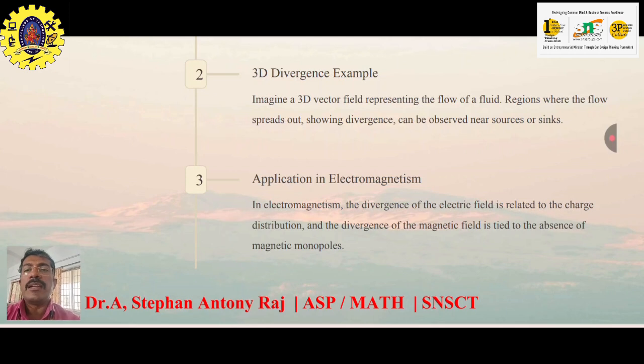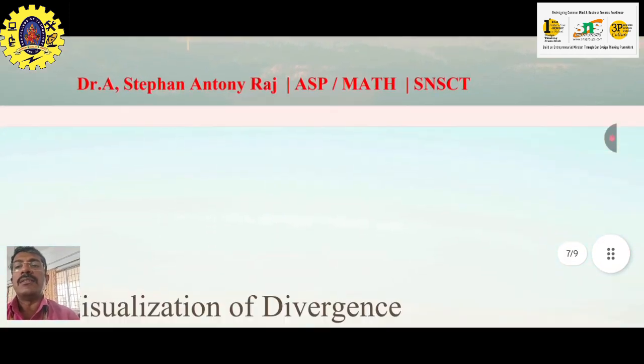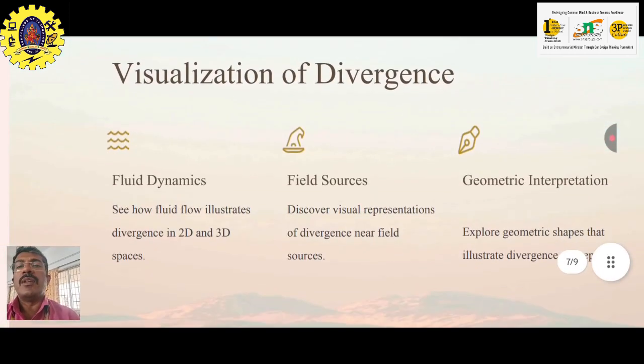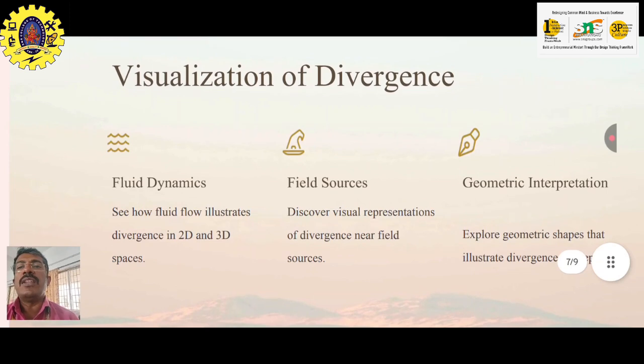In electromagnetism, the divergence of the electric field is related to the charge distribution, and the divergence of the magnetic field is tied to the absence of magnetic monopoles. So, this is a very important application of divergence when it comes to electromagnetism.